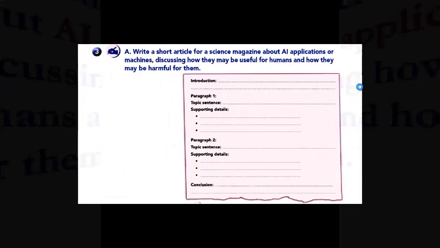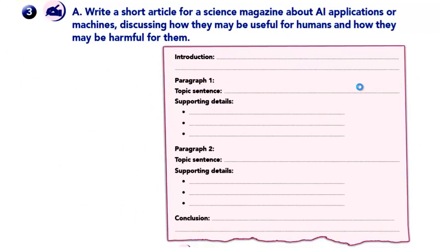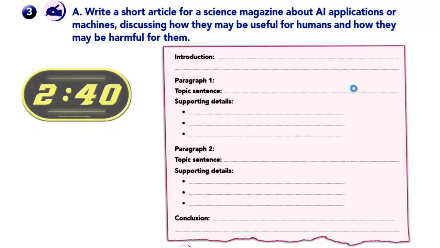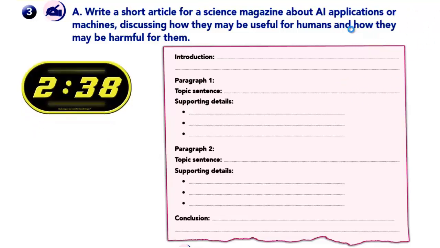Okay, look here at the outline. As you see, write a short article for a science magazine about AI applications or machines, discussing how they may be useful for humans and how they may be harmful for them. As we learned before, we should start with an introduction.